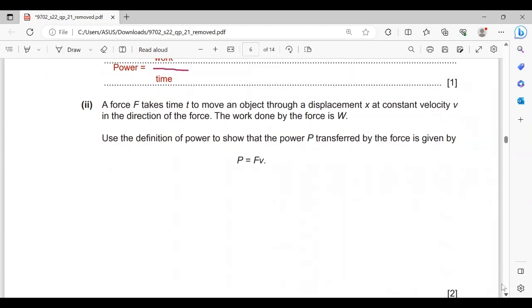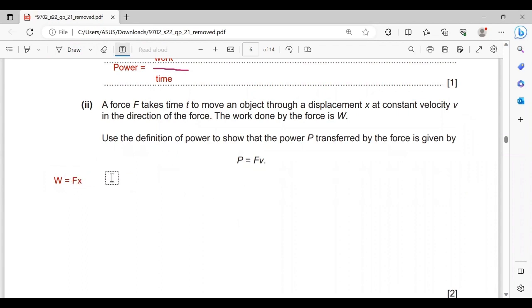Let's discuss this. W, I'm going to write it W. As you know, W equals F times X. F is force while X is displacement.